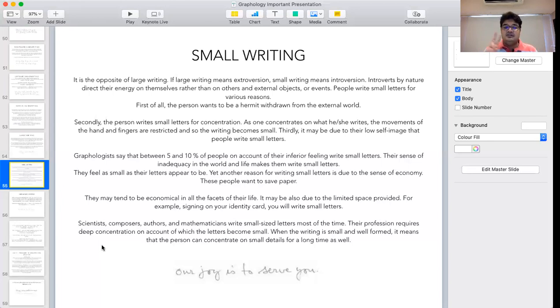Scientists, composers, authors, mathematicians, even a lyricist or a screenwriter, they need to focus on these minute details. Someone who's an editor as well, or rather a simpler example, a proofreader, would have small writing.